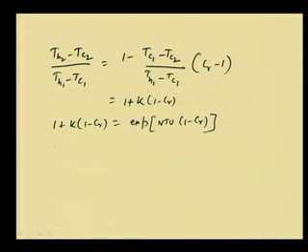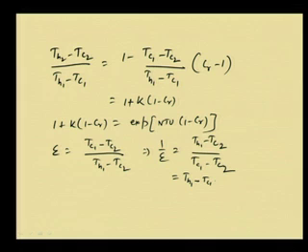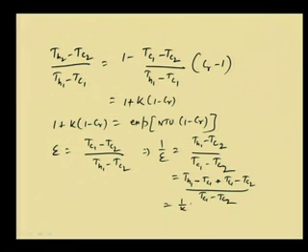Now again we know that epsilon is equal to Tc1 minus Tc2 by Th1 minus Tc2, and simply we can say 1 by epsilon is equal to Th1 minus Tc2 by Tc1 minus Tc2, and that can be rearranged as Th1 minus Tc1 plus Tc1 minus Tc2 by Tc1 minus Tc2, and that is equal to 1 by k plus 1.